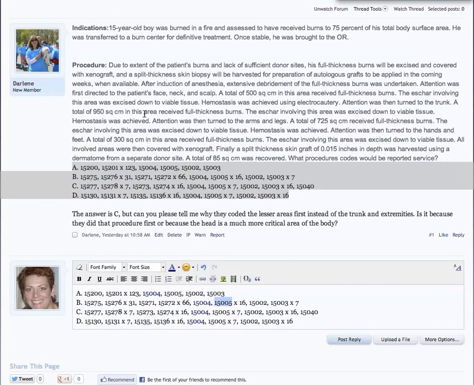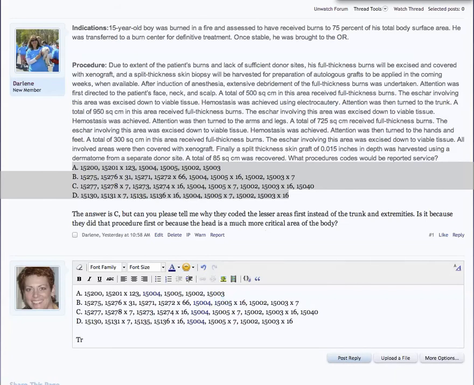Attention was turned to the trunk for a total of 950 square centimeters. Okay, so far we've got 750. Up here, this was face, neck, and scalp. That was 500.